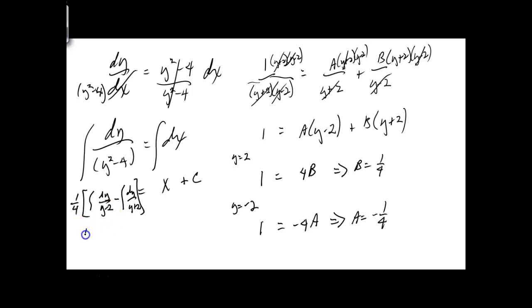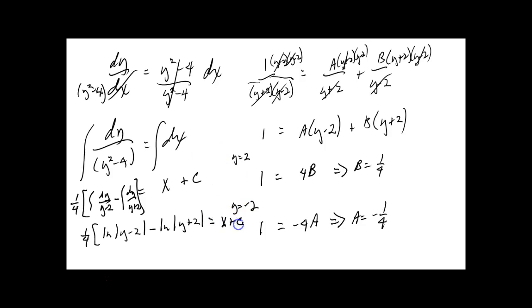What do we get over here? 1/4 times the antiderivative of dy over y minus 2: natural log of absolute value y minus 2, minus natural log of absolute value y plus 2.